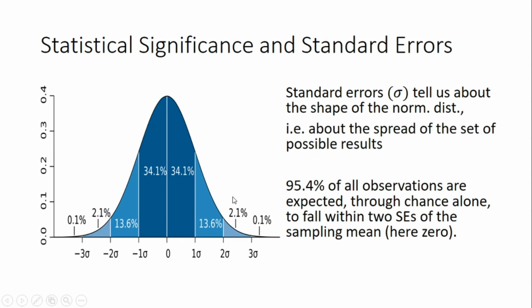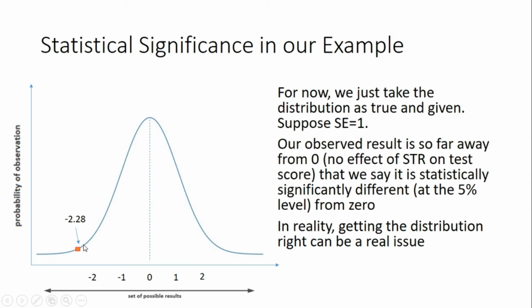We know that between 2 standard errors, more than 95% of observations are found. Now we're outside of 2 standard errors, so we know that the probability of getting such a value by chance alone is less than 5%. So we say we can reject the hypothesis that there's a 0 effect at the 5% level.